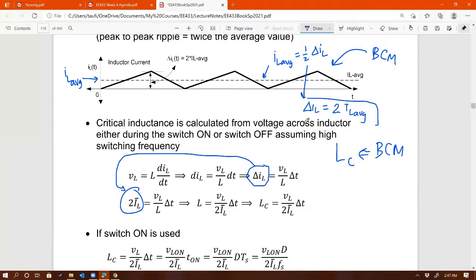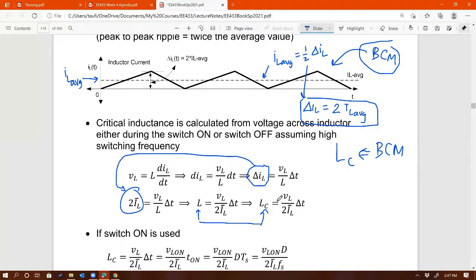Following this derivation, delta IL is 2 times IL average. The bar on top of I denotes average value. So 2 IL average is equal to VL over L times delta T. I'm looking for L, so I'm going to solve for L. L therefore is equal to VL over 2 times IL average times delta T. And this is derived at BCM, so the L that we derive in this equation must be LC, critical inductance.